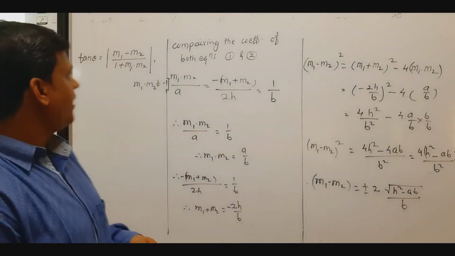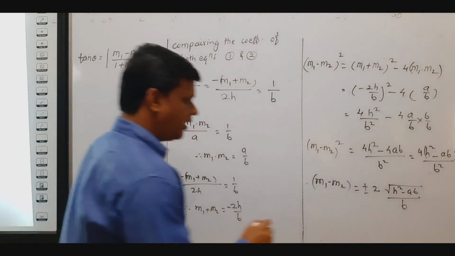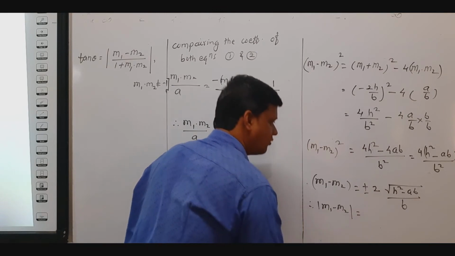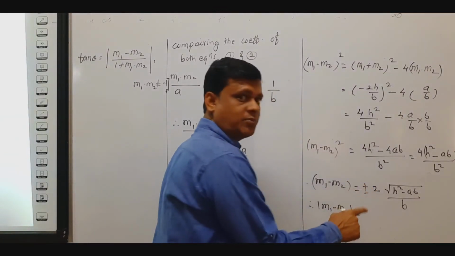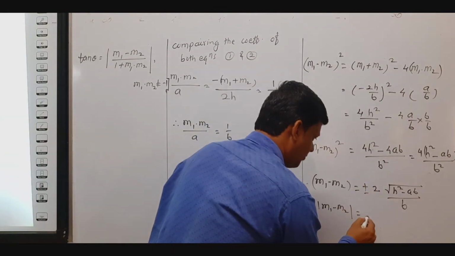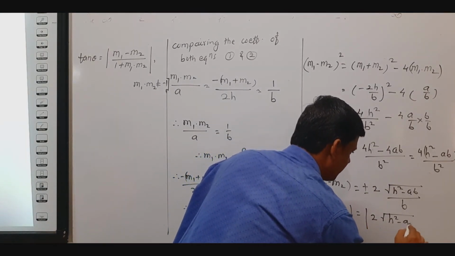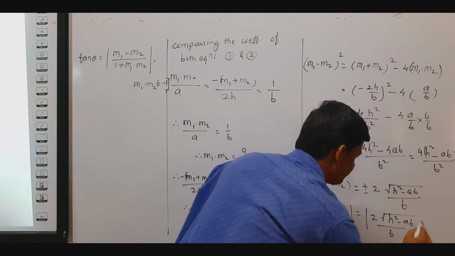Now we require the value in mod, so mod of m1 minus m2 is equal to 2 times under root h square minus ab upon b.